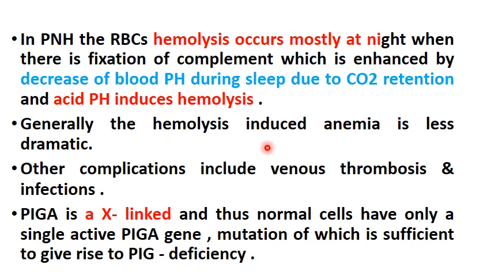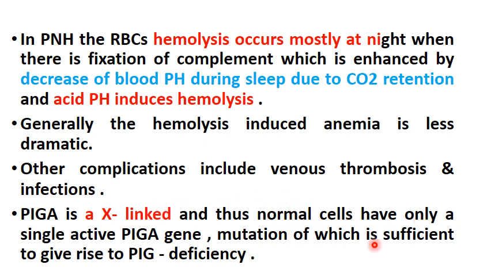The hemolysis-induced anemia is less dramatic, but other complications include venous thrombosis and infection in such patients. PIGA is X-linked. This is another X-linked anemia or hemolysis that leads to anemia.